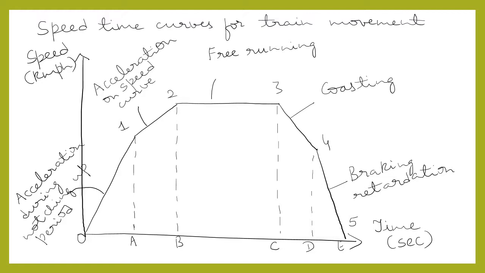Then we have the suburban service where the distance between stops is 3 to 5 km, and the speed time curve has acceleration period, coasting period, braking period. And then we have the mainline service where the distance between stops is greater than 5 km, and the speed time curve has acceleration period, free running period, coasting period and braking period.